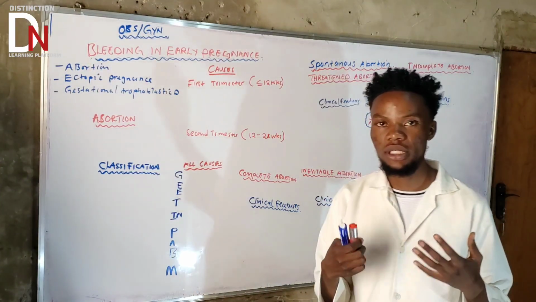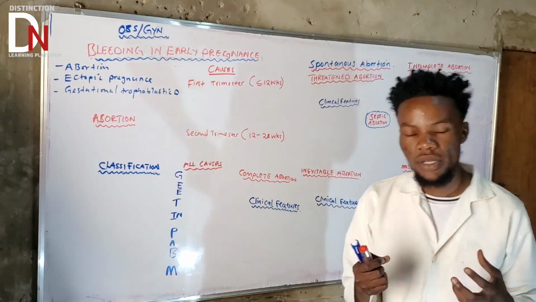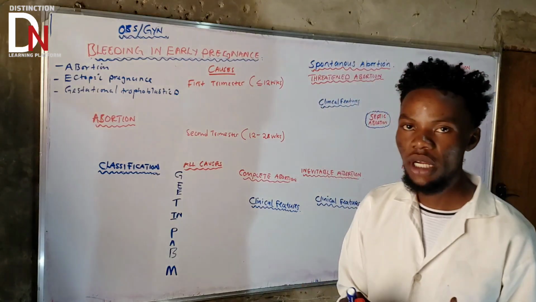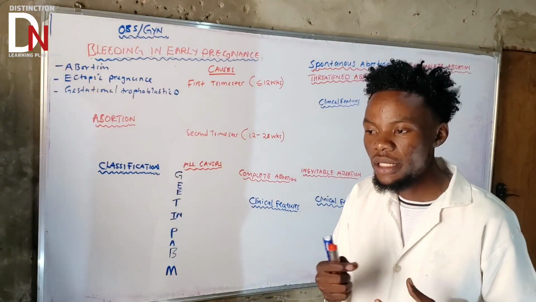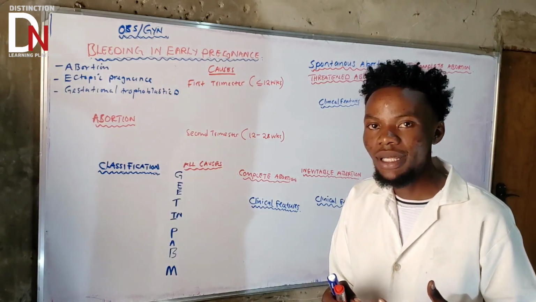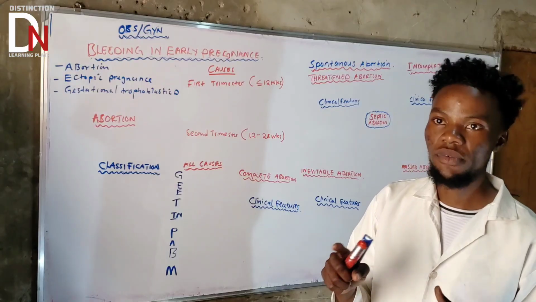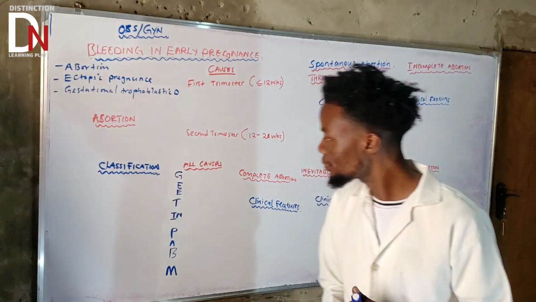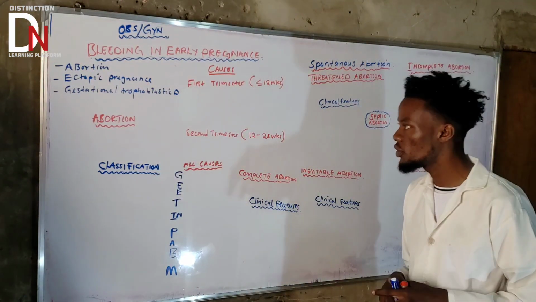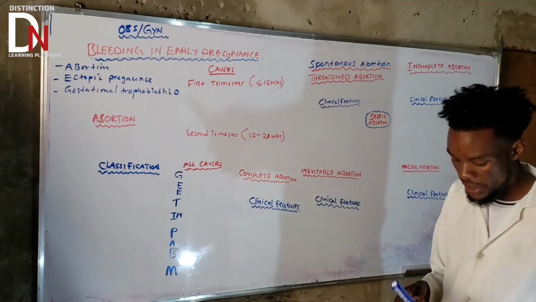That 500 grams weight of the fetus is attained at approximately 22 weeks, which is 154 days. That's according to WHO. So what are we saying about abortion?